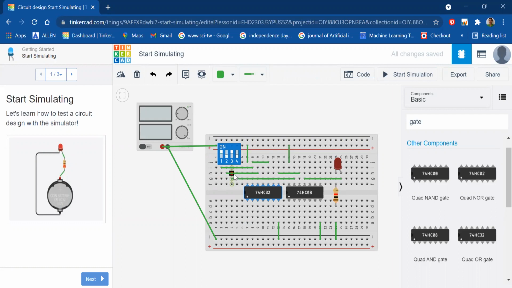Similarly, this B is acting as the input to the first OR gate. Then A is again going as the input to the second OR gate, and this C is acting as the input to the second OR gate.